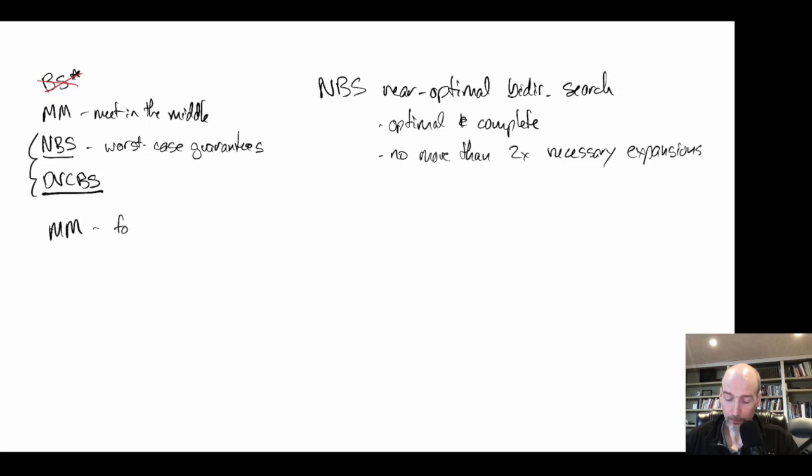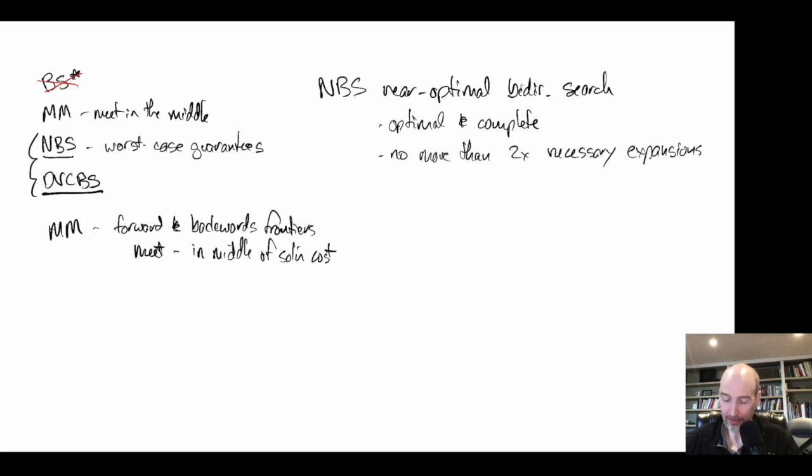So the forward and the backwards frontiers meet, and they meet exactly in the middle of the solution cost. Okay, and that's a really nice property, this guarantee.